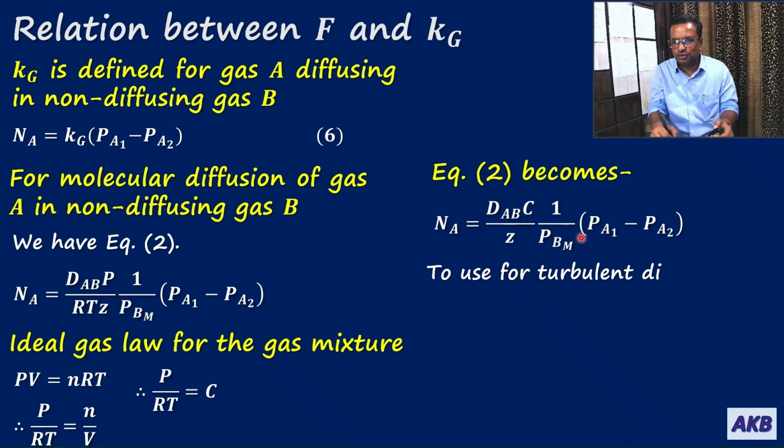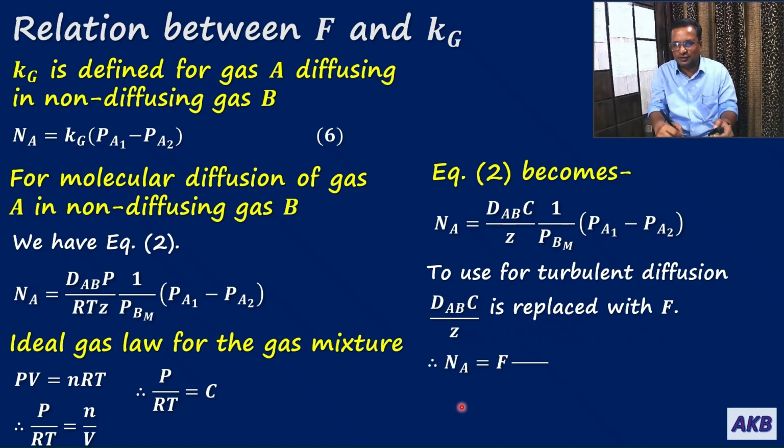And in order to use this equation for turbulent diffusion, we need to replace the group DABC upon Z with F. So you have Na is equal to F into 1 upon PBM into PA1 minus PA2. I am calling it equation number 7.